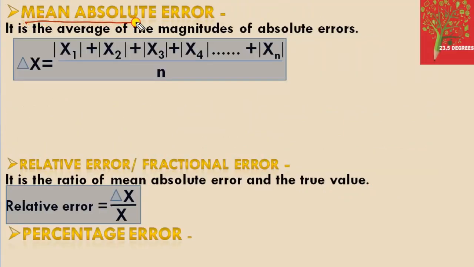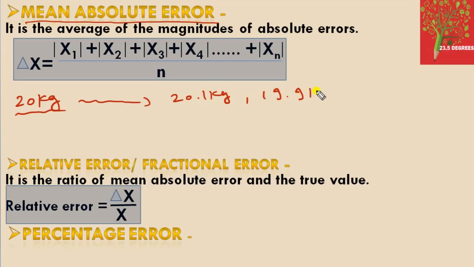Now let's talk about mean absolute error. What is mean absolute error? It is simply the average of the magnitudes of all absolute errors. Let's say the true value of a physical quantity is 20 kilogram, and I have taken several measurements. First time I got 20.1 kilogram, second time I got 19.9 kilogram, third time I got 20 kilogram.